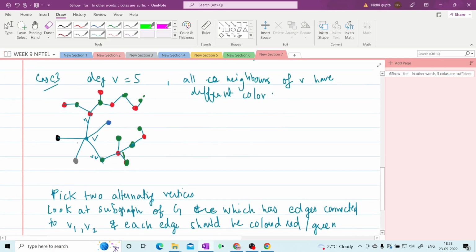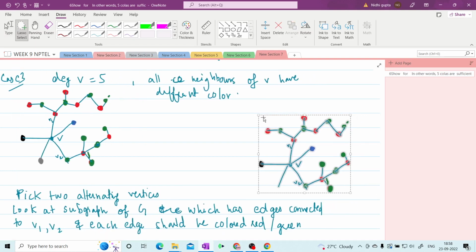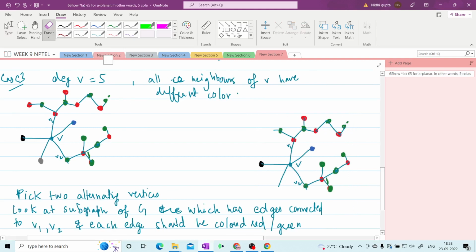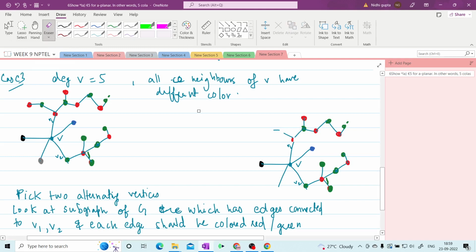So if this is so, what we can do is choose one of these branches and swap the colors. So what we are doing is basically just swapping the color of one of the branches.